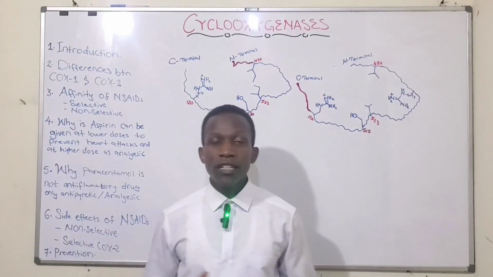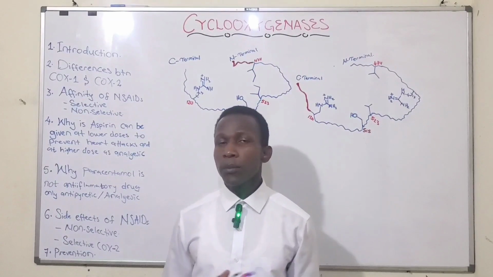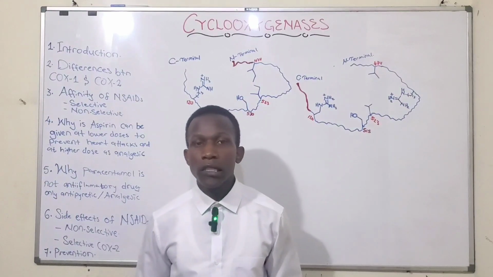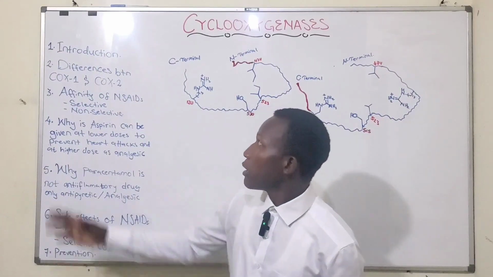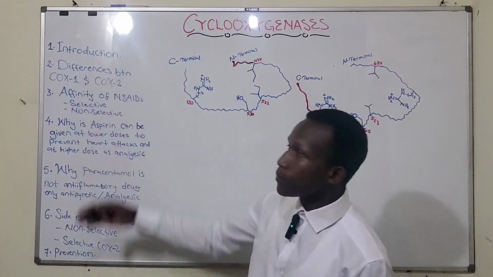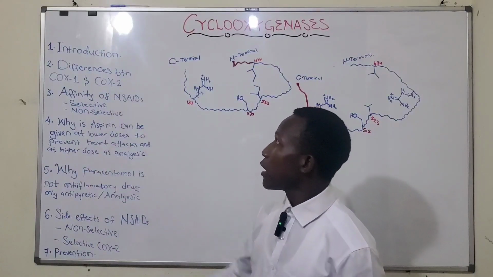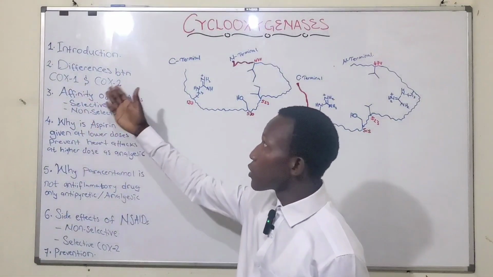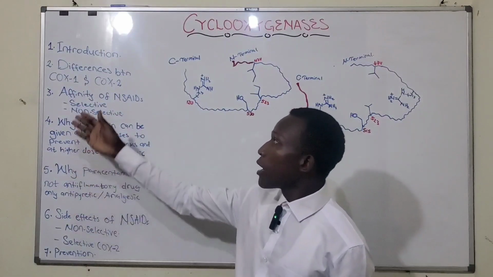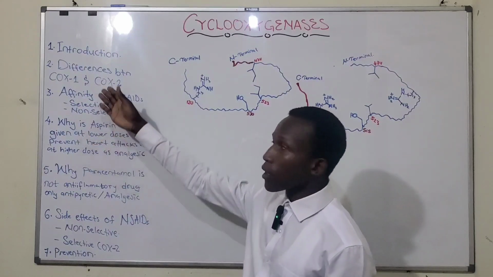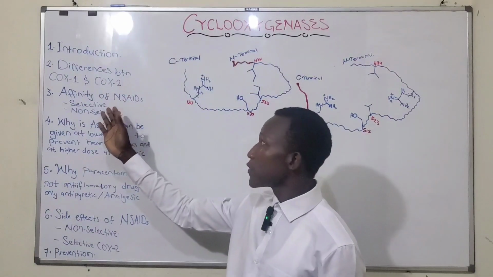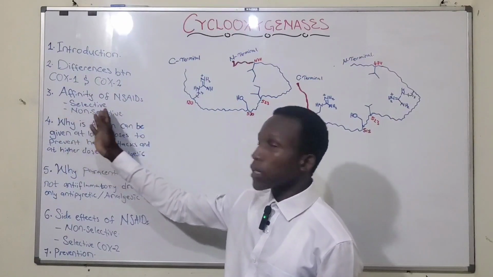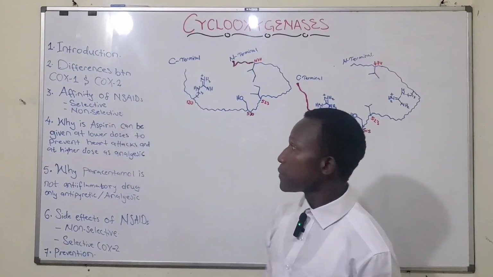Let's talk about cyclooxygenases in this video before going deep into the pharmacochemistry of different NSAIDs. Here is what we are going to talk about. We are going to introduce our topic. We talk about the differences between COX1 and COX2, their affinity for the COX enzymes, the NSAIDs activity, the selective and the non-selective NSAIDs.